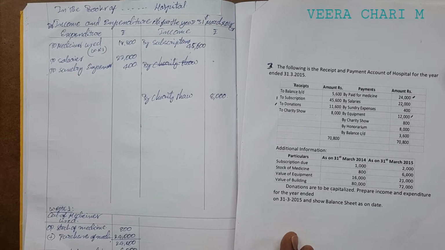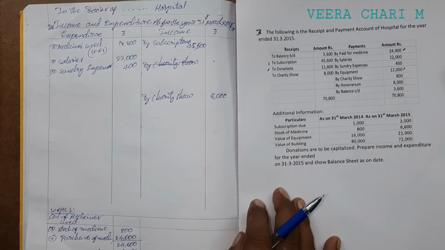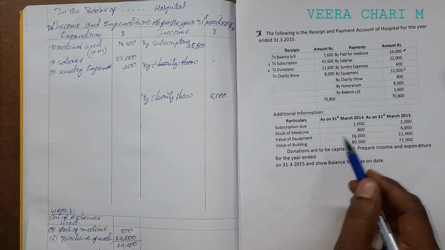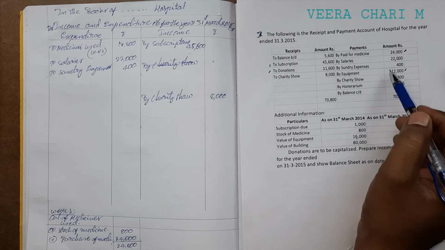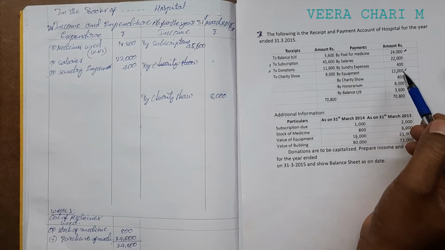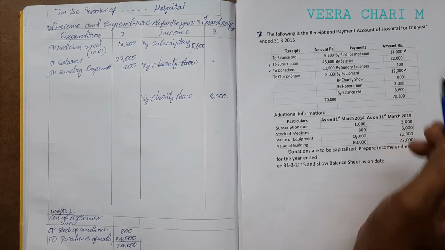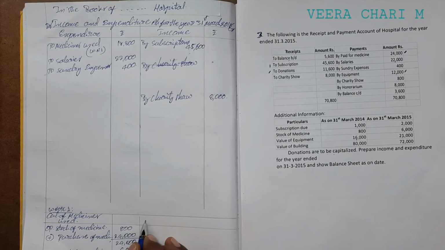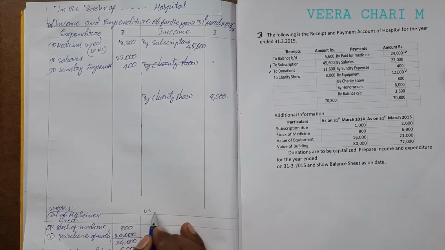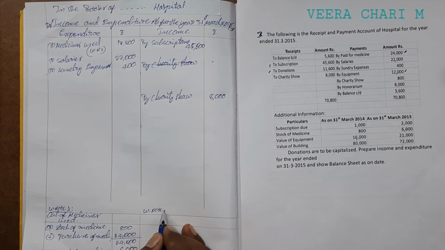Here we take the opening value of equipment, the closing value of the equipment, and the purchase in the current year. The difference amount is called depreciation on equipment. That we can calculate, that is working note number 2.